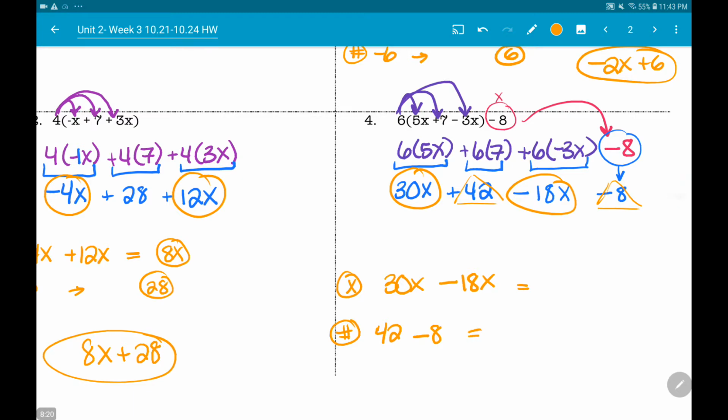So when I simplify that, I get 12x and 34. Put those together to make my simplified answer.